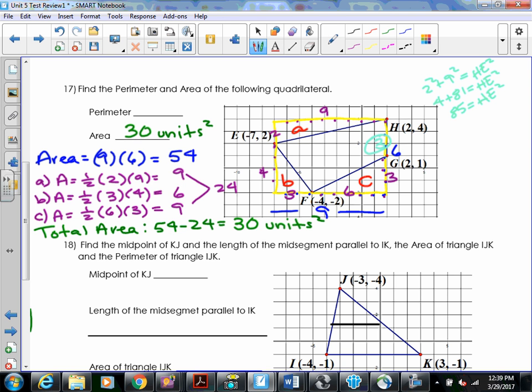And then we're gonna take the square root of that. So we need the square root of 85. And you said it's about 9.2? Okay. So HE is approximately 9.2. Okay. So we've got those two sides.